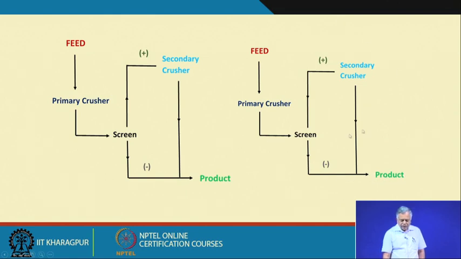So, you are basically recycling back the oversized material of the secondary crusher; what is already fine you are sending to the product stream, otherwise you are sending it back to the screen and then again to the secondary crusher. And that is the difference between your open circuit crushing and your closed circuit crushing.